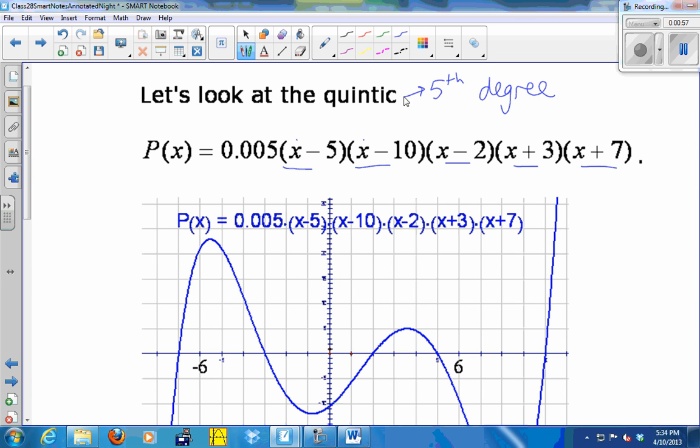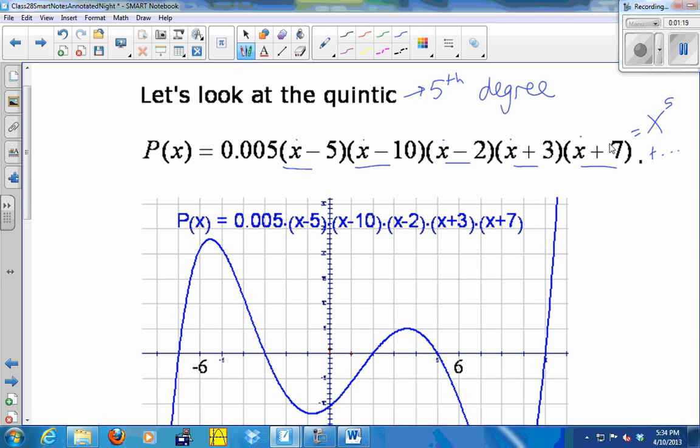When I multiply all those x's together, my first term would be x to the 5th. The rest of it would take forever to figure out, but I do know that first term would have to be x to the 5th. So I know it's a 5th degree polynomial, which we call a quintic.